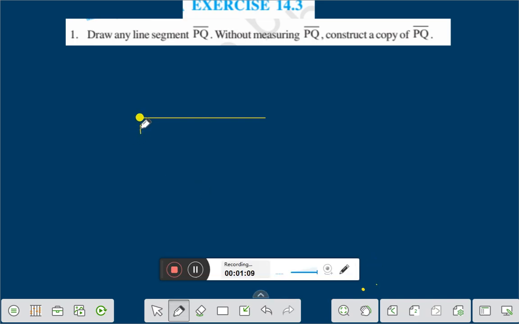This is P and this is Q. We don't know the measurement of this line.